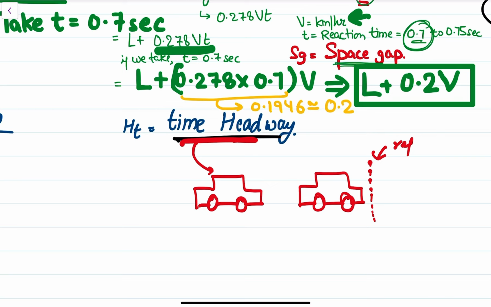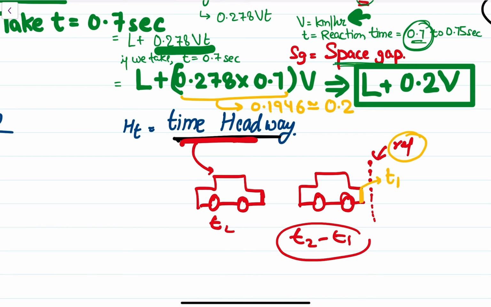Let's say you take the front of the vehicle as the reference point. At time t1 the vehicle crosses the reference point, and the front of the next vehicle crosses it at t2. So t2 minus t1 will be the time headway.